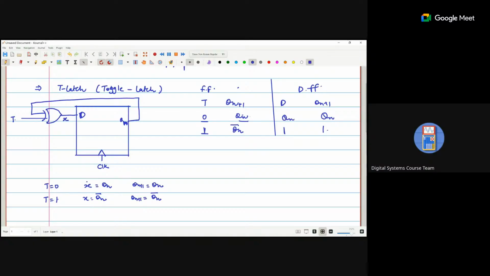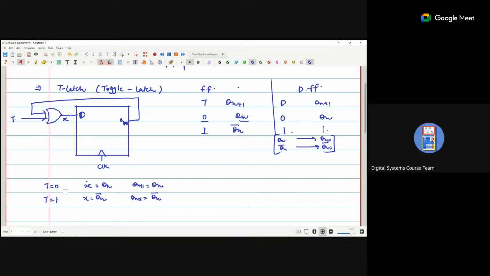If we apply Qn, we get Qn as output. If I place Qn, I get Qn. If I place Qn bar, I get Qn bar. Same output.